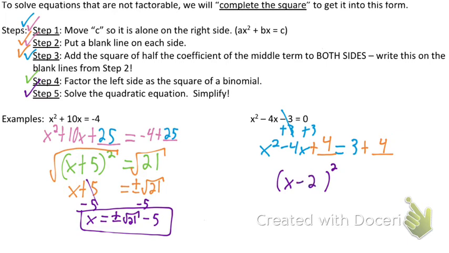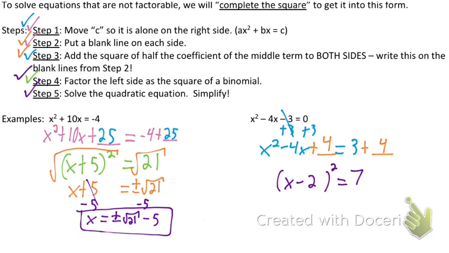Can someone tell me why it'd be minus rather than plus? Because there's a negative with the 4x. Every time, guys, we're going to take half of b and it's going to be in the parentheses. Every time, half of b will be in the parentheses. Not a coincidence. Okay? So Bailey knew it was going to be 2 because that's half of 4, but in this case it just needs to be a negative 2. That's being squared, and that's equal to, Bailey said, 7. Because 3 plus 4 is 7.